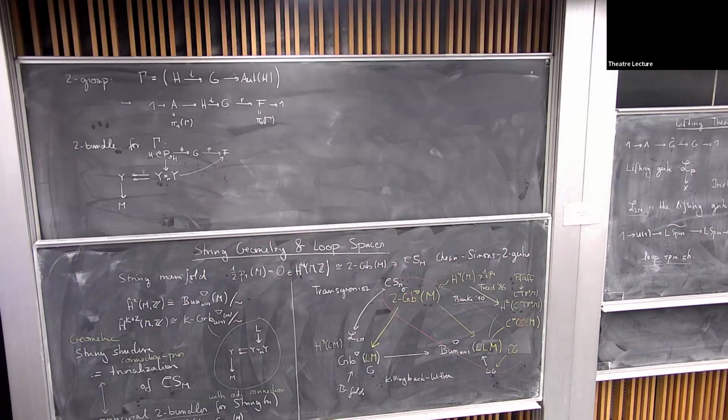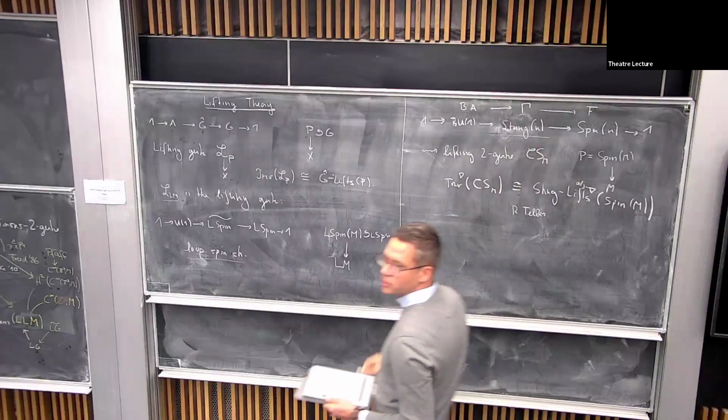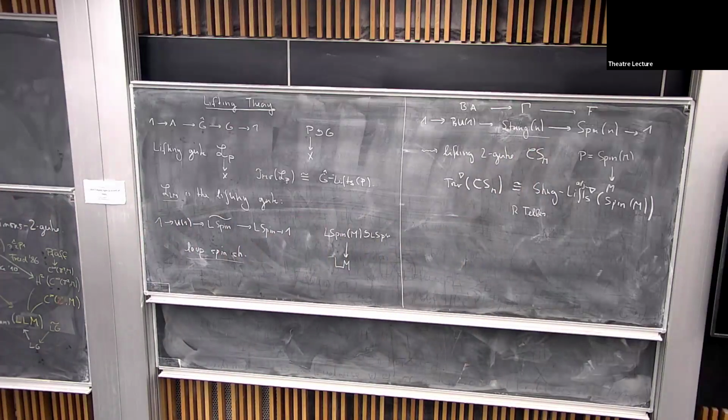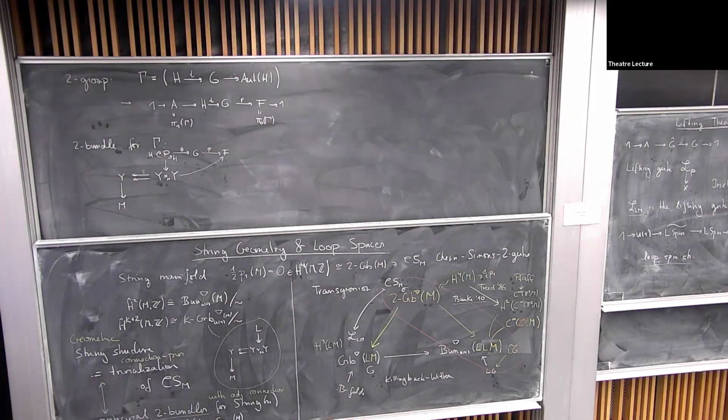So the next thing I would like to explain is a bit what the string group is. So here, what example should I have in mind for G and H? I will now define the string group. That will be an example. Admittedly, it's a difficult example, a very complicated one.